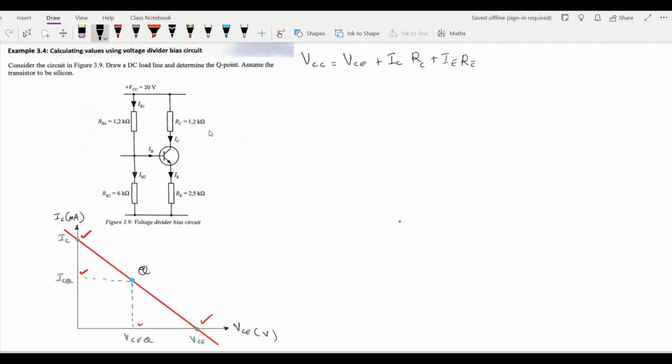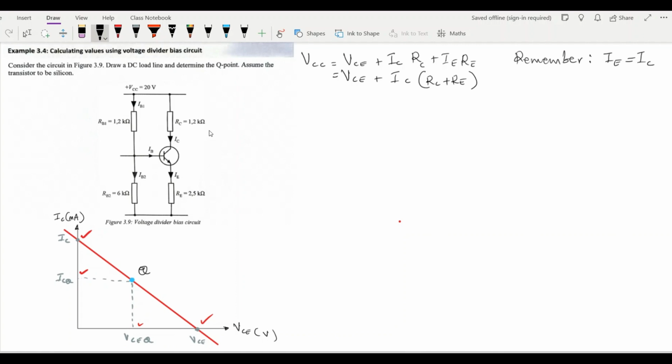But remember, IE is equal to IC. If IE is equal to IC, that means VCC equals VCE plus IC into (RC plus RE). Can you see that? Perfect. That is the equation that we'll be using today.